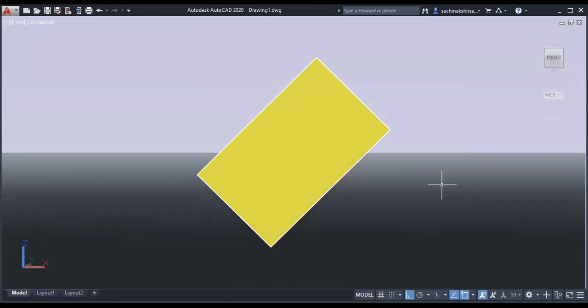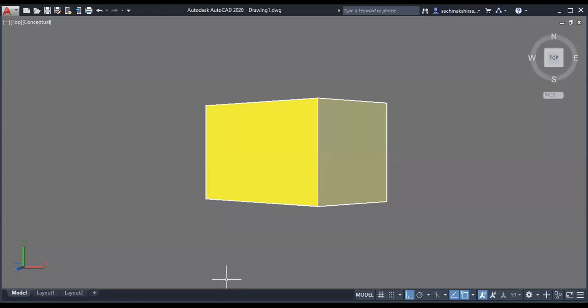Has our prism become inclined now? Yes, sir. Is it inclined like this? At this stage we have drawn it inclined like this. Right now we want to draw its top view. The top view will look something like this.